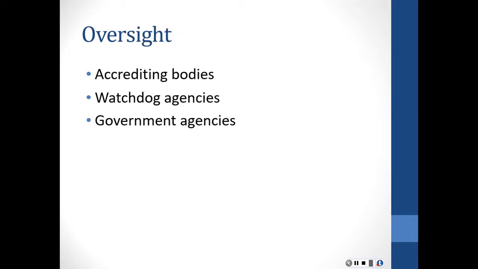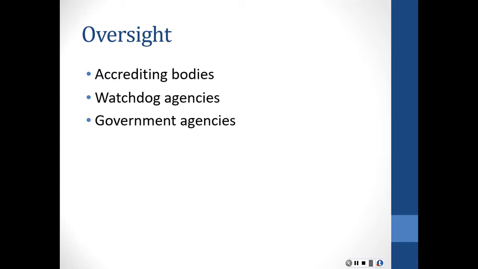When we're looking at oversight of nonprofits, it's important that there are entities watching over them, making sure that they are functioning in ethical ways. Just because it's a nonprofit doesn't mean that they don't do some activities that don't align with what people would think about nonprofits.